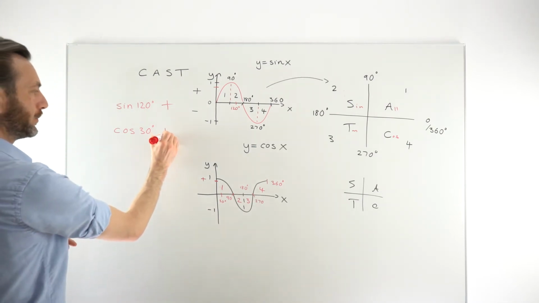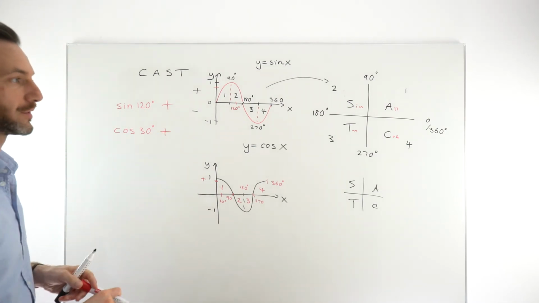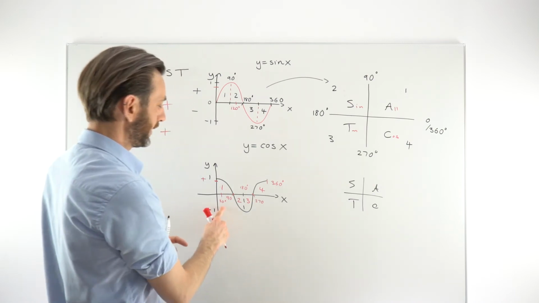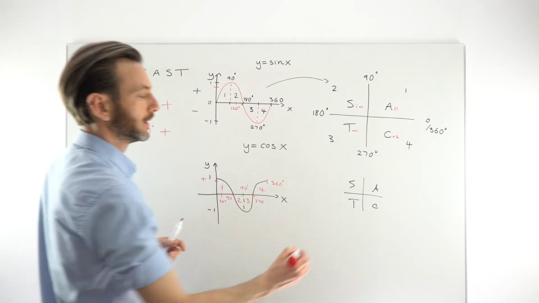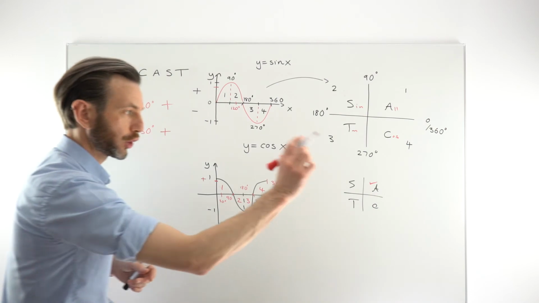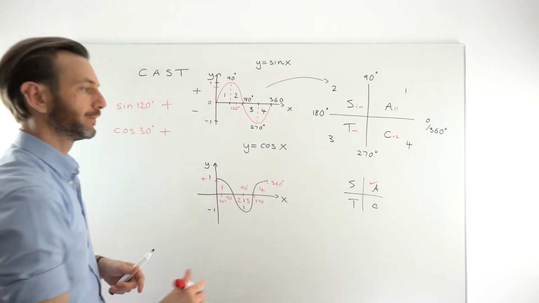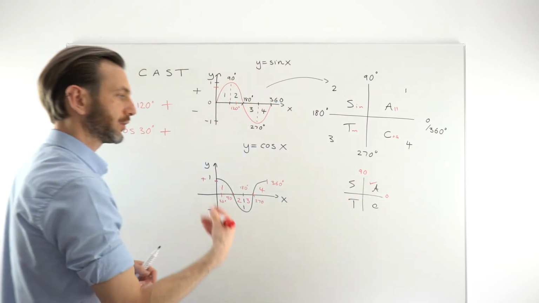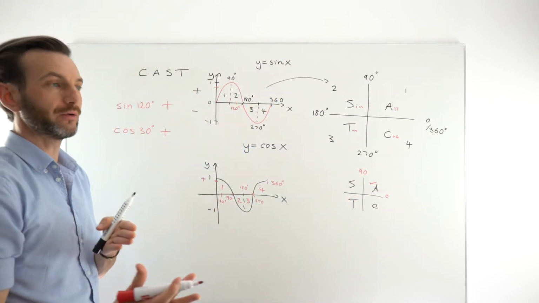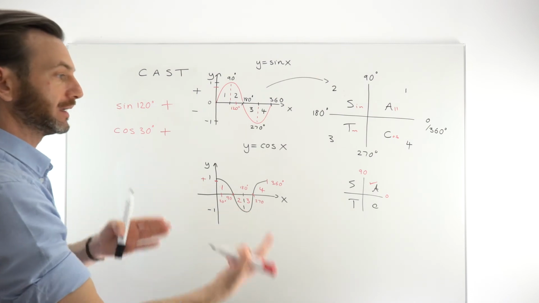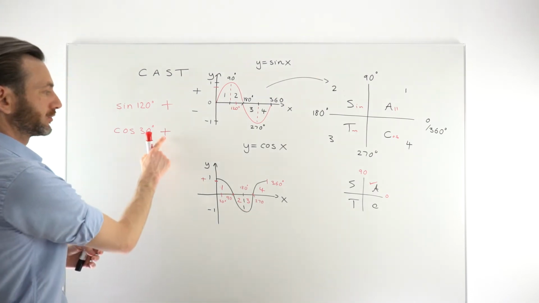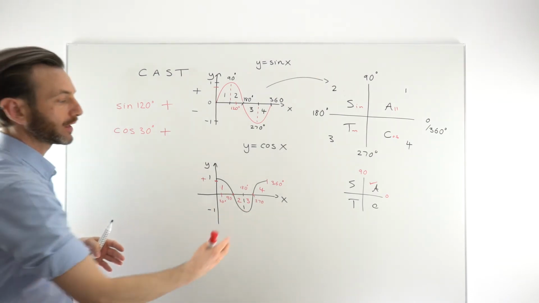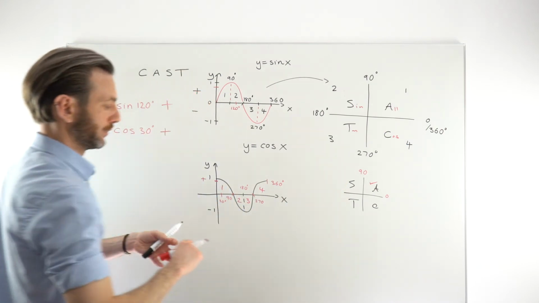Does the CAST diagram say the same thing? So 30 degrees is in the first quadrant, so we would be here, so we put a little check there, and remember that was 0 to 90, so that's why I've put the check there. That's got the A in it. A means all 3 functions are positive there, so that means that cosine is positive there, so that validates what we get. We should get the same information from here as we do from here.